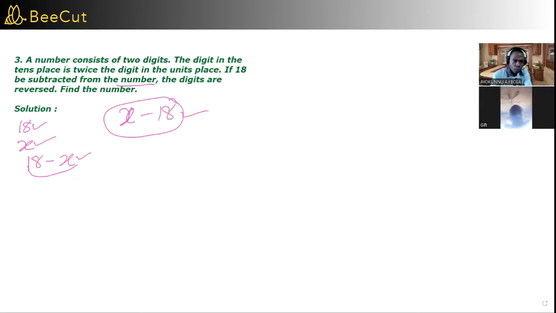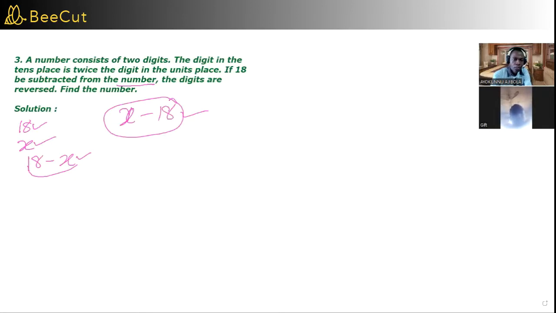So we have to first consider the number in the digit place. The digit in the tens place is twice the digit in the units place.